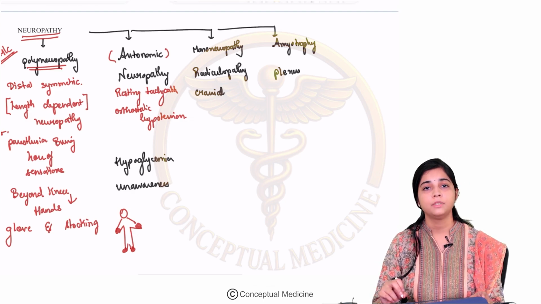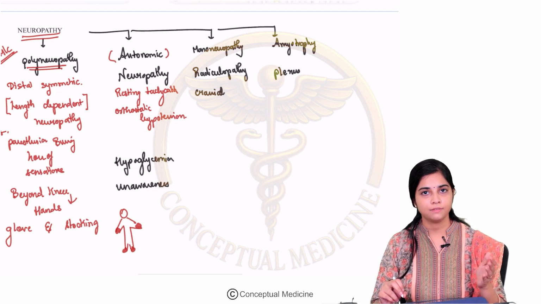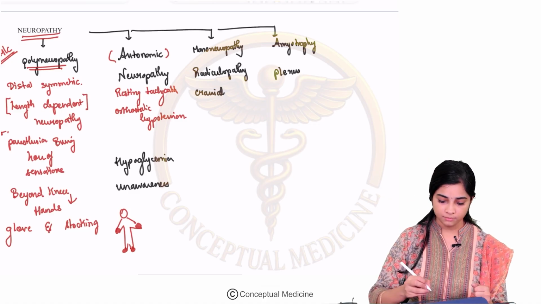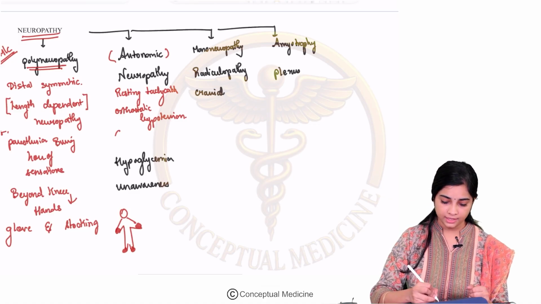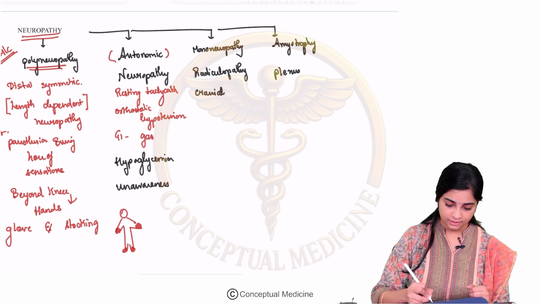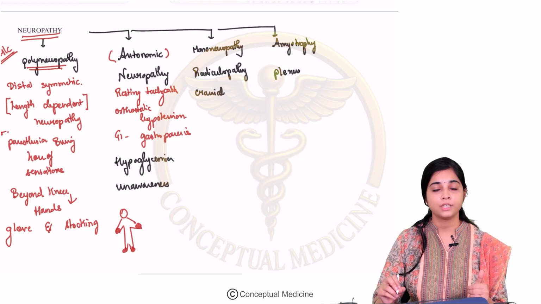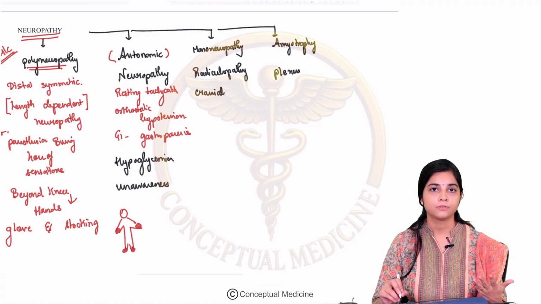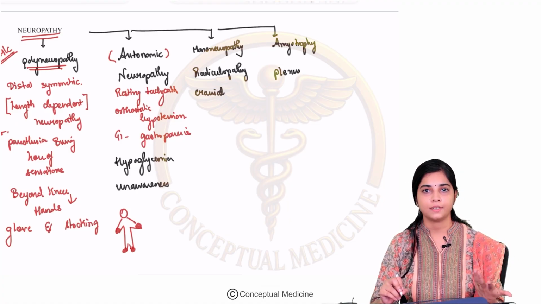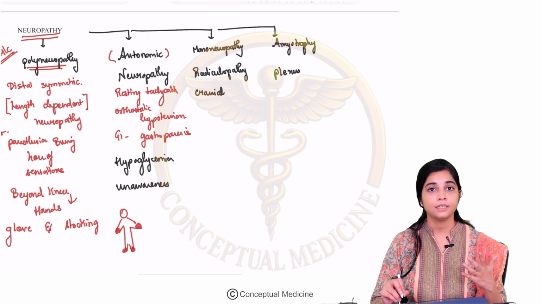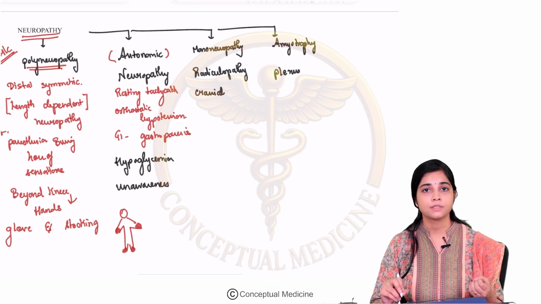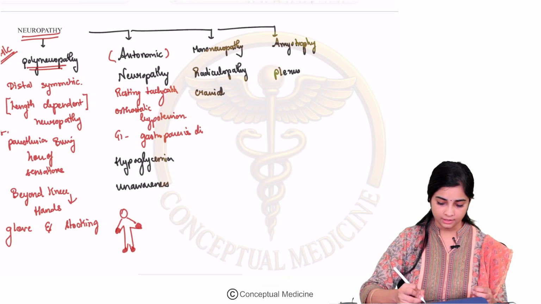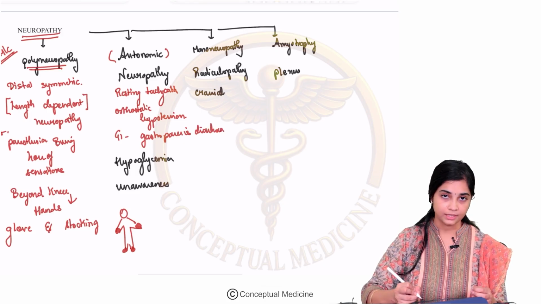Apart from that, whenever there is damage to the autonomic nerves, for example in your GI system, it can result in gastroparesis. So they will have delayed emptying of the food. They can have bloating, stomach fullness, and involvement of the autonomic nervous system can also cause diarrhea. So they can have diabetic diarrhea.